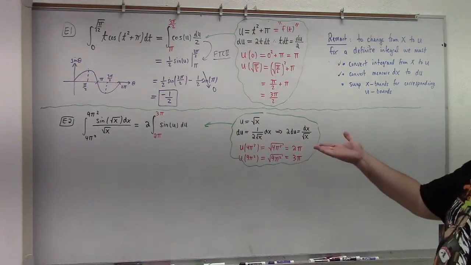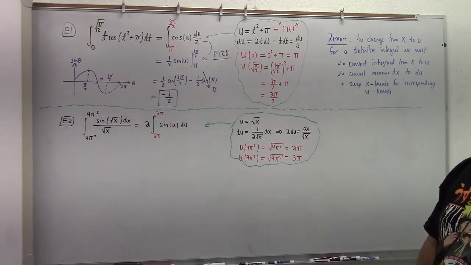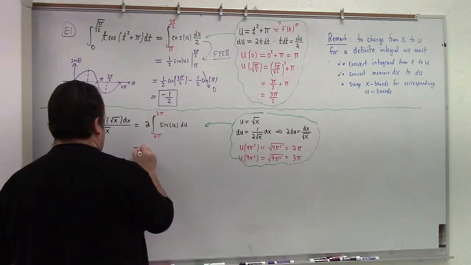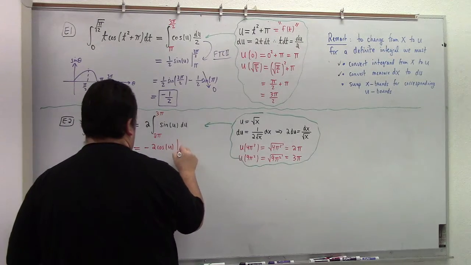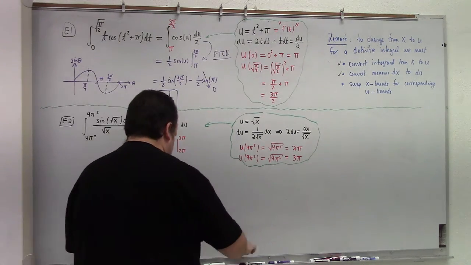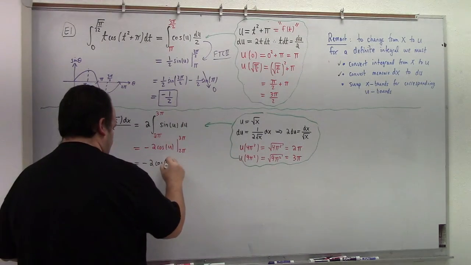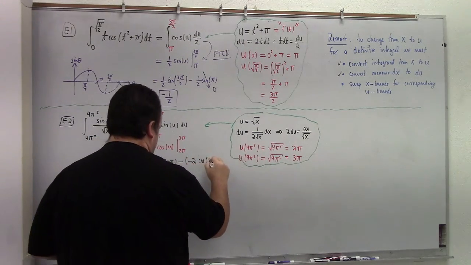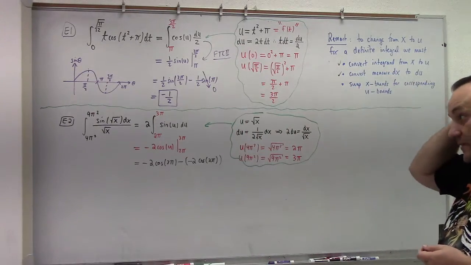So now we integrate. What's the antiderivative of sine? Minus cosine. Very good. So we've got minus 2 cosine of u evaluated from 2 pi to 3 pi, right? Which gives us minus 2 cosine of 3 pi minus minus 2 cosine of 2 pi by FTC2, right?